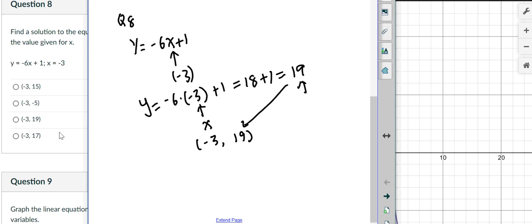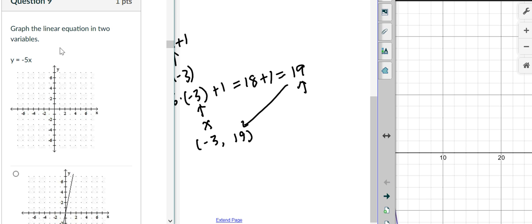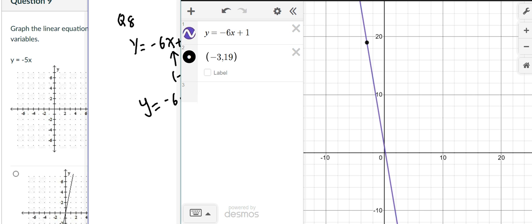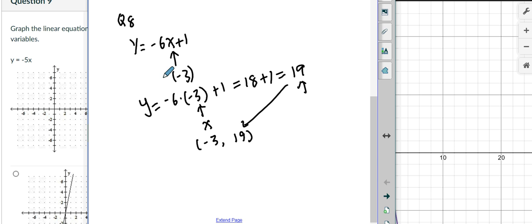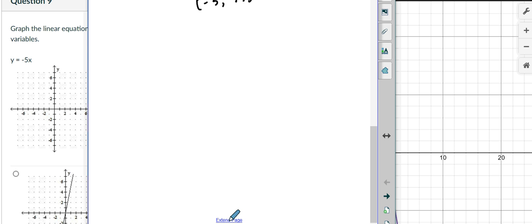Okay? Now, question 9. What are we going to do with that? Graph the linear equation in 2 variables. In order to graph, you only need 2 points. Since you have Desmos, this website, you can directly plug in. But first, if we want to do this one, let me write here.